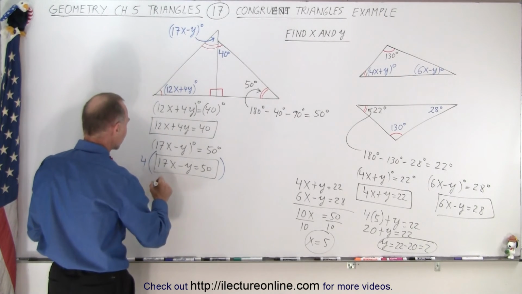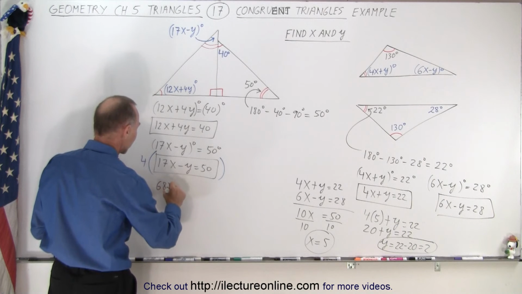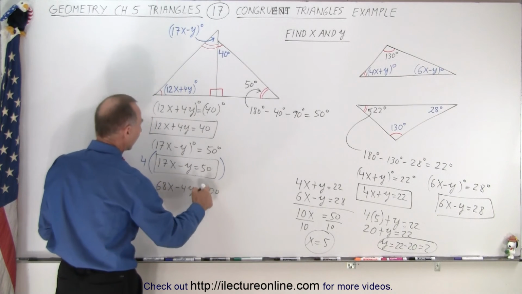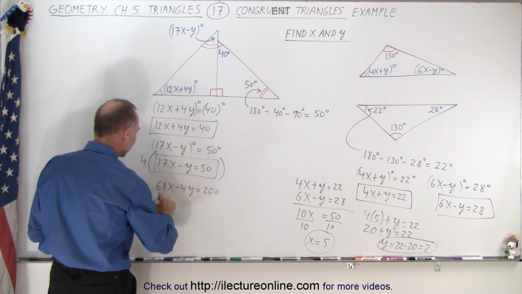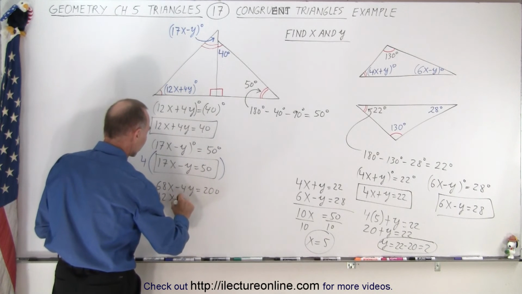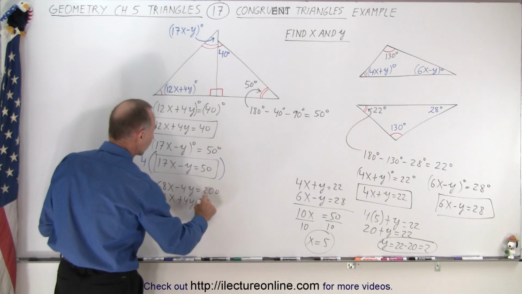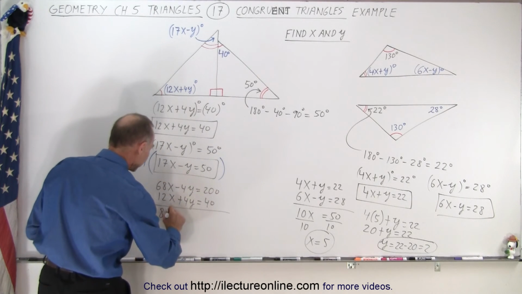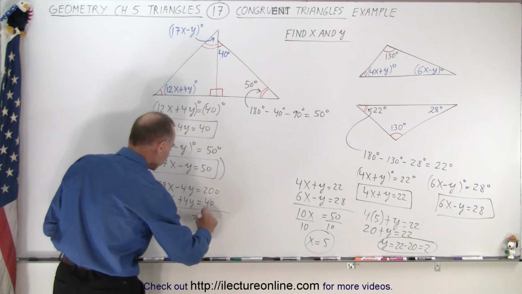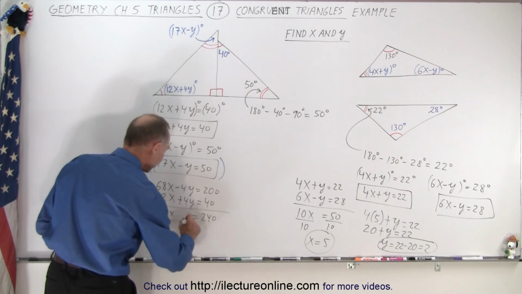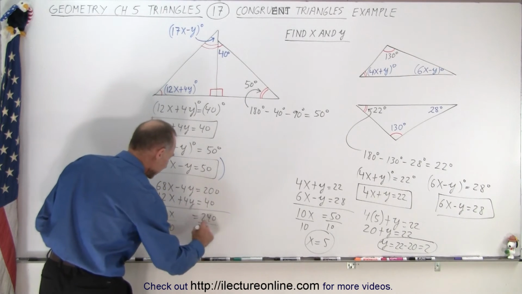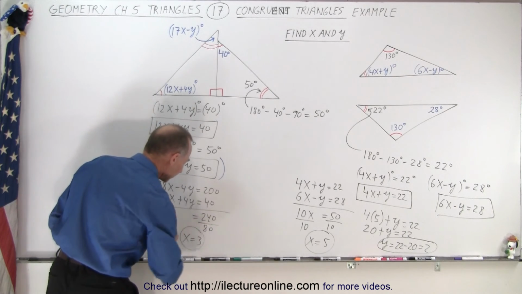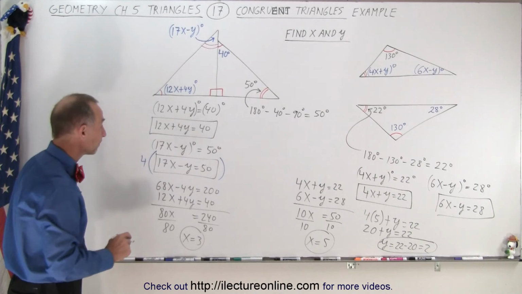So 4 times 17 is 68, so we get 68x minus 4y is equal to 200. And then I can go ahead and add that to this equation, 12x plus 4y is equal to 40. When I add the two together, I get 80x, the y's drop out, equals 240, and then divide both sides by 80. And I get x is equal to 3, because 3 times 80 is 240.